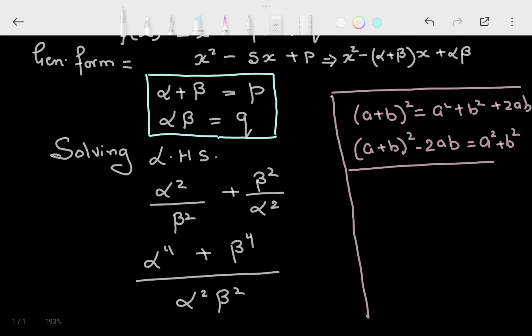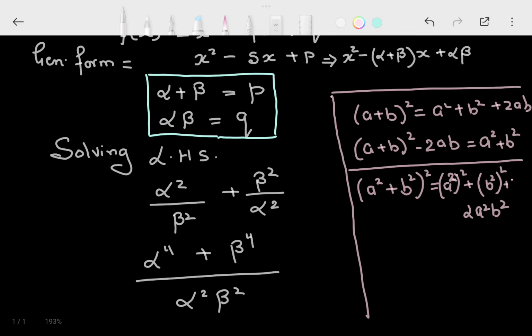Now if in place of A we have A square and in place of B we have B square, this identity is again written as square of the first term plus square of the second term plus twice A square B square.